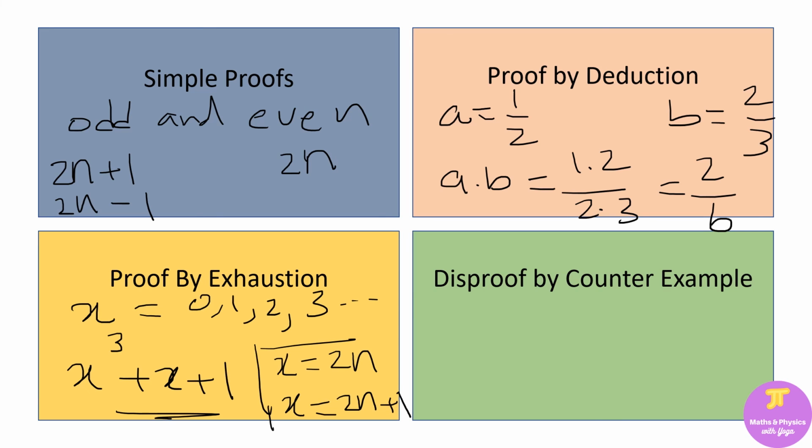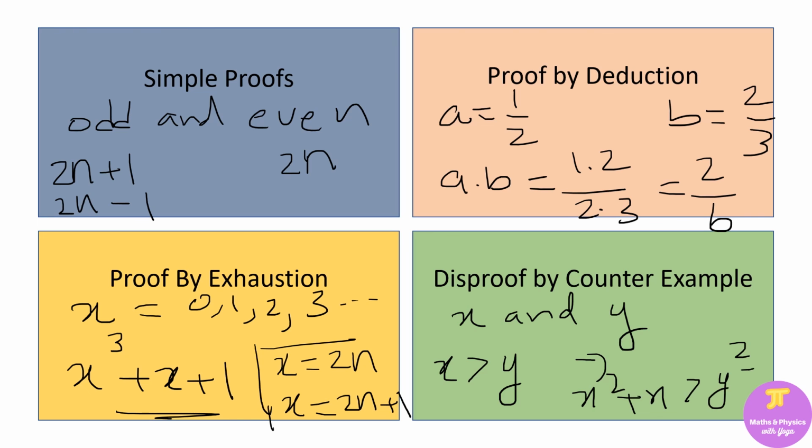For example, let's take a pair of integers x and y, and say you want to prove that if x is greater than y, then x squared plus x is always greater than y squared plus y, right?